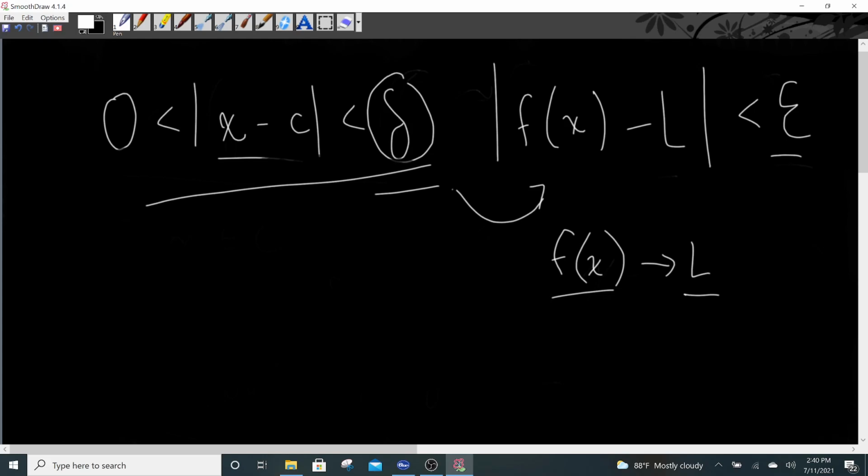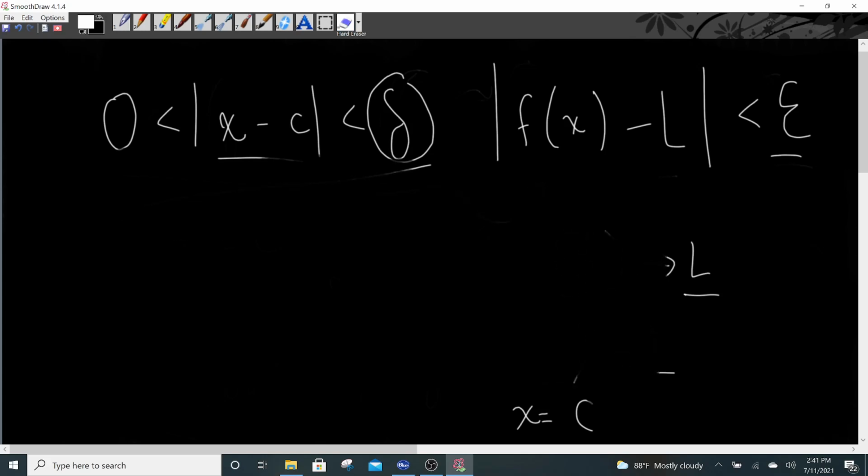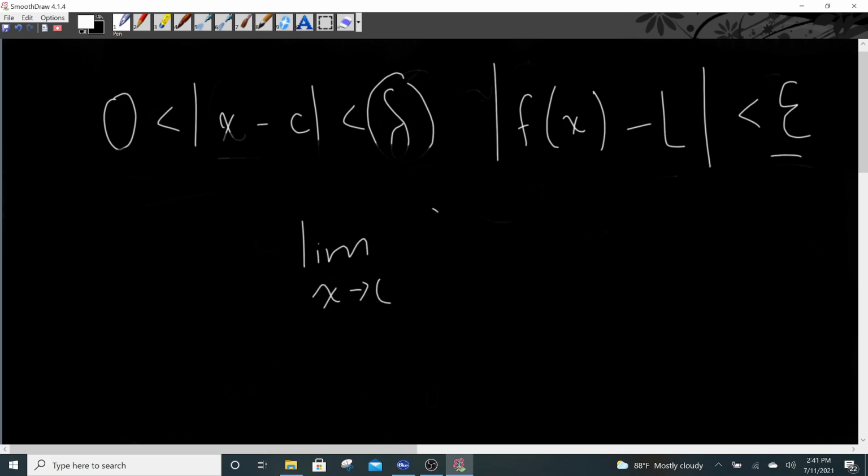It gets closer and closer to one another. And that means that our y value for the point x equals c is eventually going to be L. Or not going to be L, but it just trends towards L. So, all of that is to say that the expression, the limit as x approaches c of f of x is equal to L.